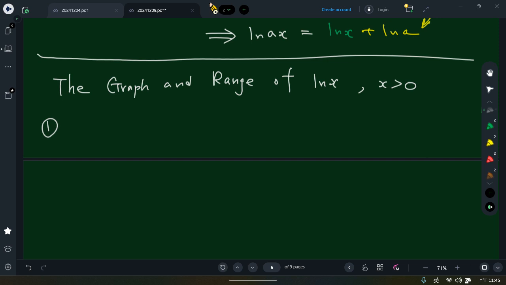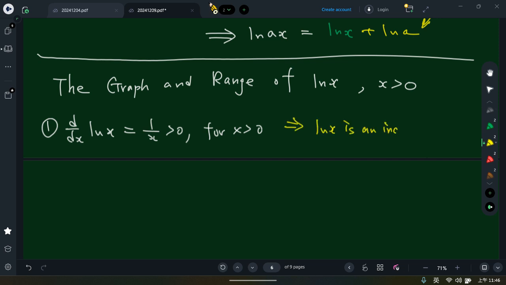The first property is when we differentiate ln x, then we already know it will be 1 over x, positive for x positive. So based on this, we can know ln x is an increasing function. Did you still remember? We can use the first derivative to understand whether the function is going down or going up, right?